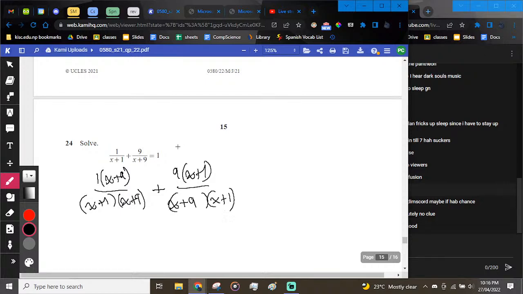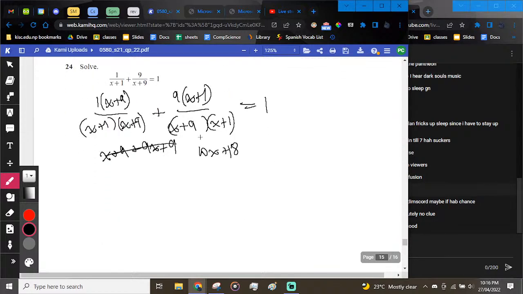Now you see they have a common denominator now, so you can actually add them. Hold on. By expanding top brackets, we get x plus 9 plus 9x plus 9 gives 10x plus 18. With this information, we can now do stuff.